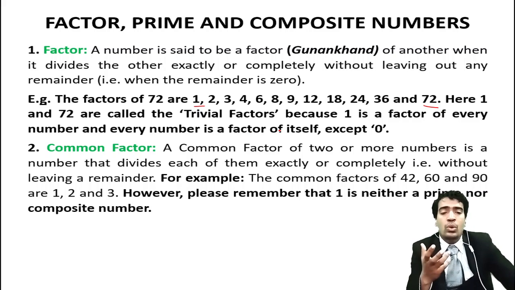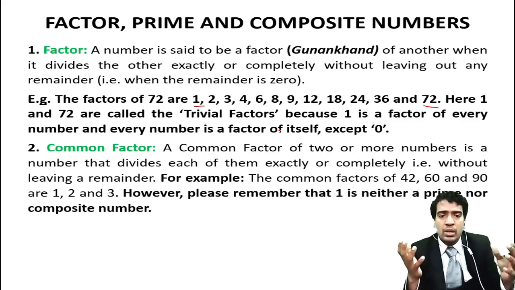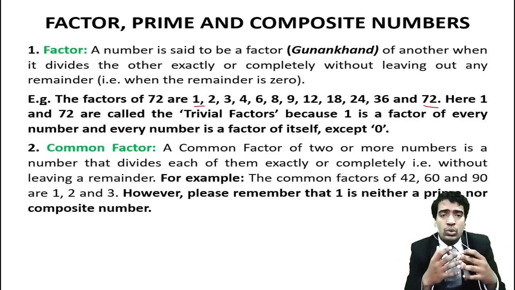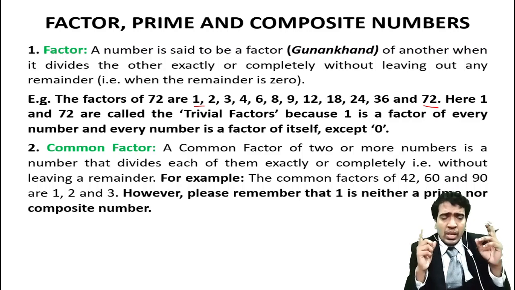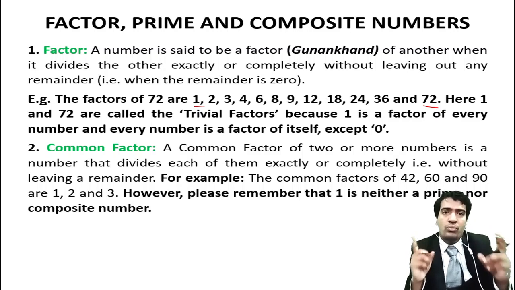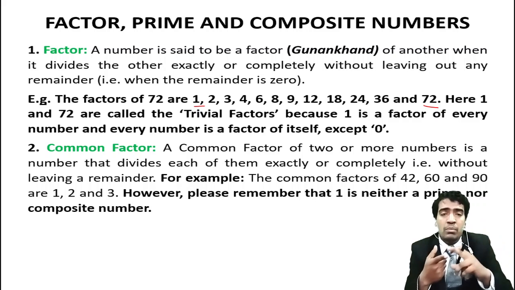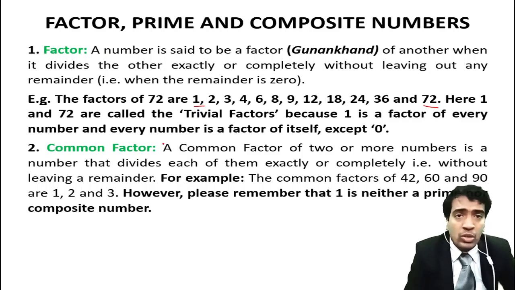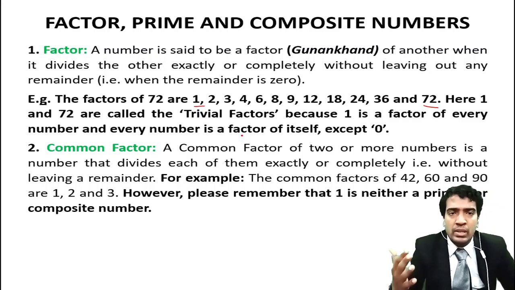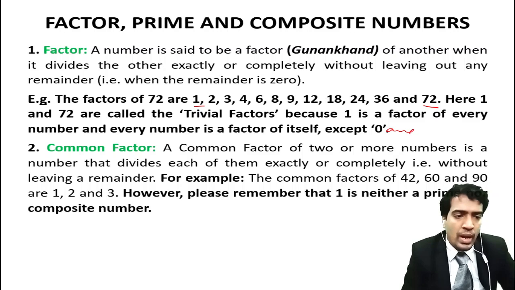Every number except for the number 0 and also the number 1 has a minimum of 2 factors, that is the number 1 and itself. This is not true in the case of 0 and also 1. 1 has only one factor. 1 is a factor of 1 and 1 is a factor of itself, but you don't count them twice in mathematics. So except for 0 and 1.